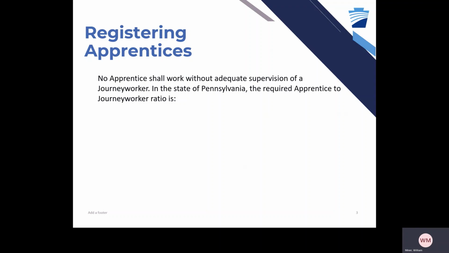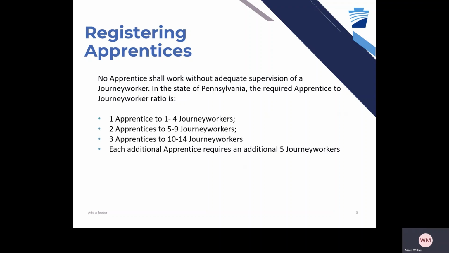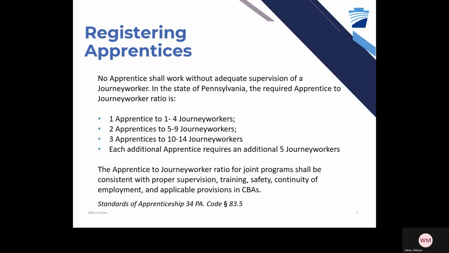In the state of Pennsylvania, the required apprentice to journey worker ratio is as follows: 1 apprentice to 1 to 4 journey workers, 2 apprentices to 5 to 9 journey workers, 3 apprentices to 10 to 14 journey workers, and each apprentice after that requires an additional 5 journey workers. For joint programs, their ratio shall be in continuity of their collective bargaining agreements.